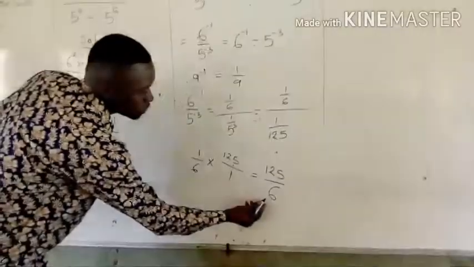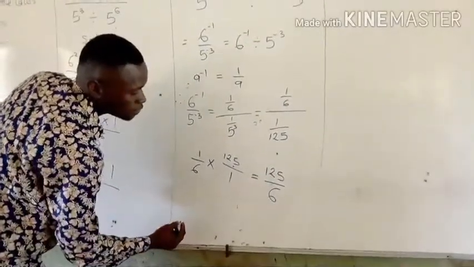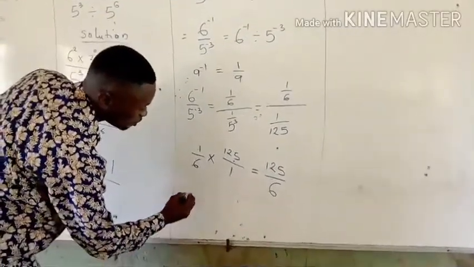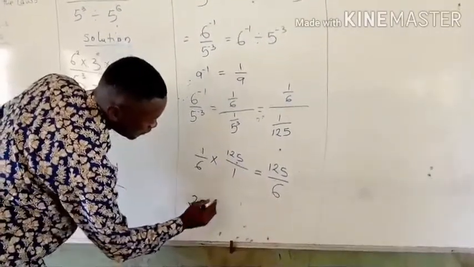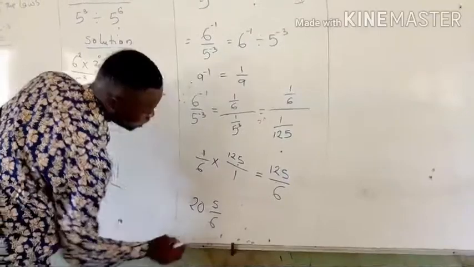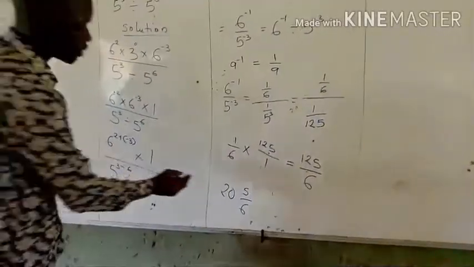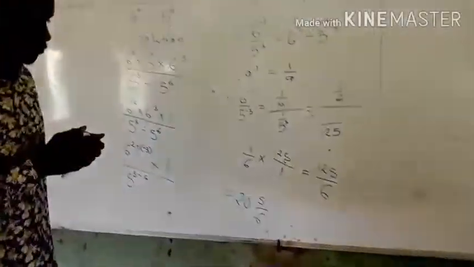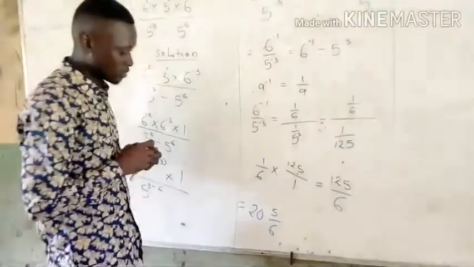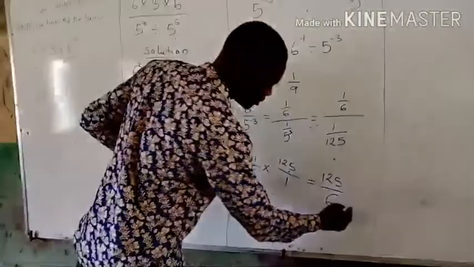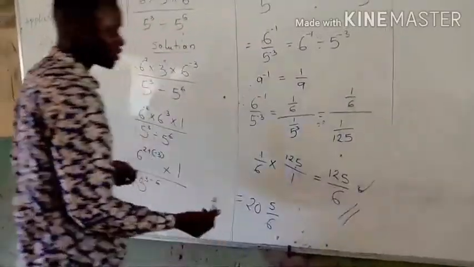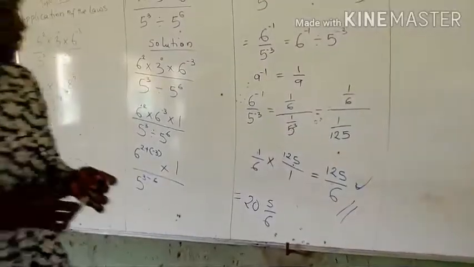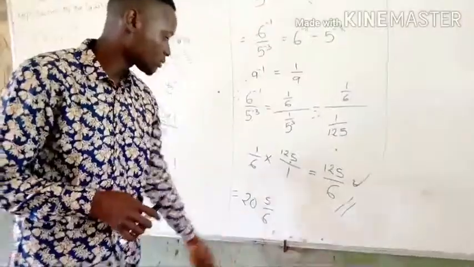And 6 goes into 125, it will give us 20 remainder 5, which is 20 whole number 5 over 6. So if you leave your answer this way, you will still get it right, but it's still better you change your answer to mixed fraction.